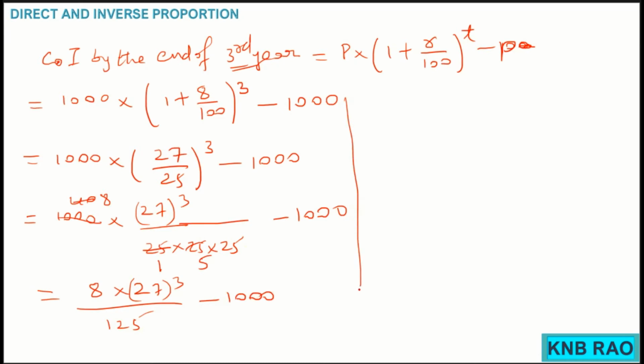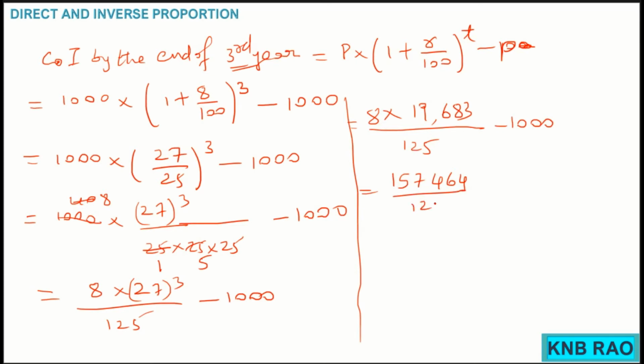Carrying this calculation further, 8 into 27 whole cube is 19,683 upon 125 minus 1000. So 19,683 into 8 becomes 1,57,464 rupees by 125 minus 1000.